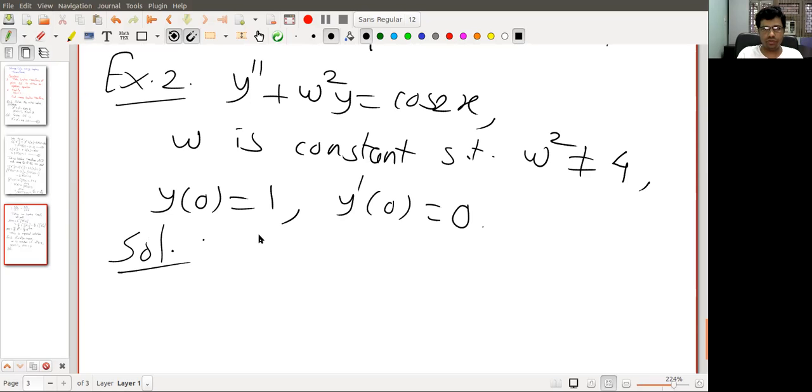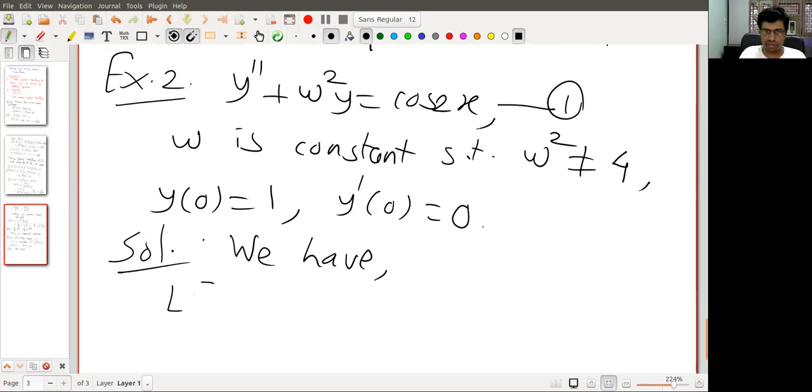Okay, so first we write the expressions for the Laplace transform of y double dash and the Laplace transform of cos of 2x. Let us call this differential equation 1.